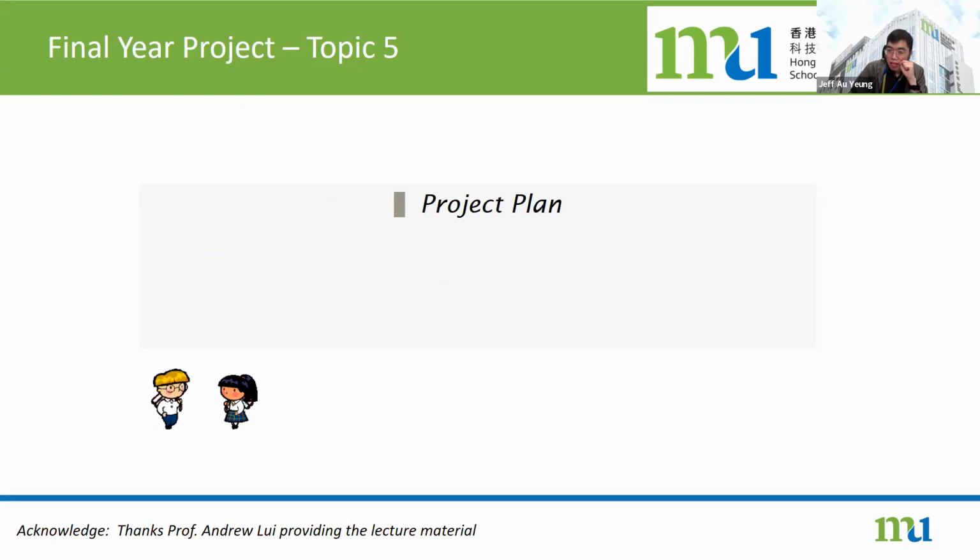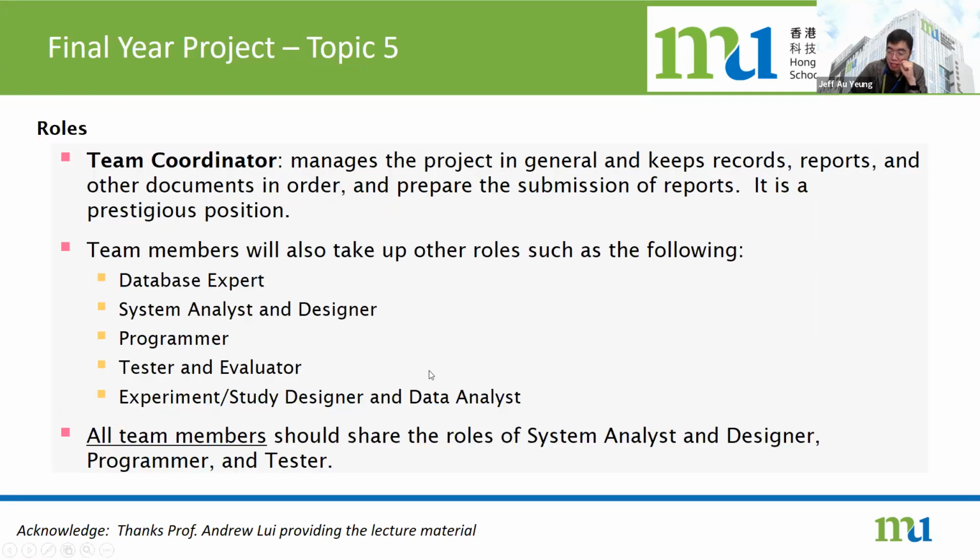The project plan is not just to identify what exactly each member is doing, but also you have to think about how many tasks you are going to do. And for me, I already recommend every team should have a team coordinator to help manage the project in general and keep records, and also be a contact point to your supervisor.